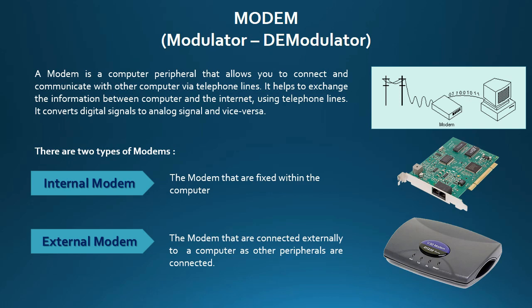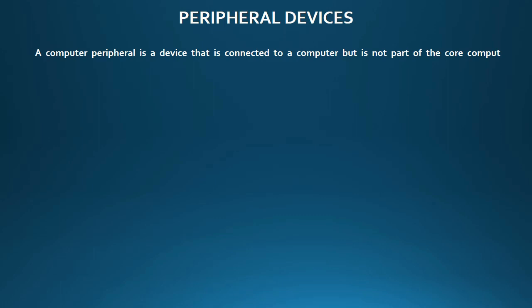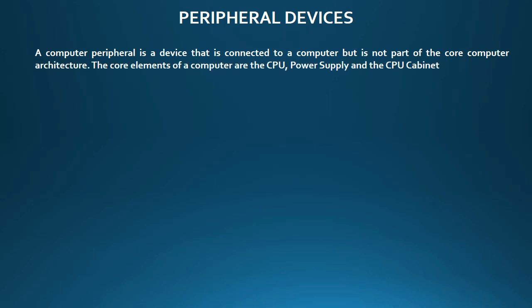All right. Now let us start with the next topic, that is peripheral devices. Now what is a peripheral device? A computer peripheral is a device that is connected to a computer but is not part of the core computer architecture. The core elements of a computer are the CPU, power supply, and the CPU cabinet.